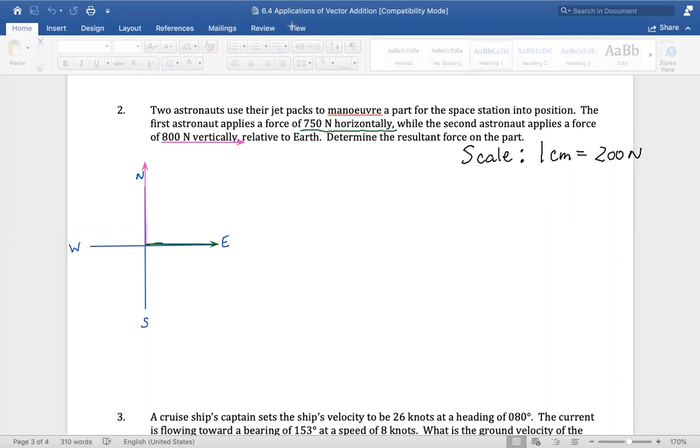So then let's do our resultant vector in red. Let's just keep that common. The resultant vector is again the tail to tail method. So first I need to draw the rest of my parallelogram. Coming this way and this way.